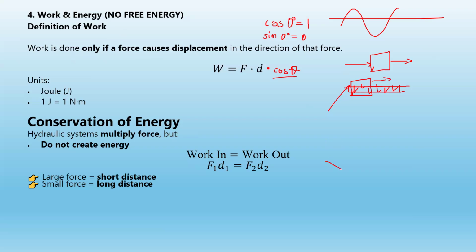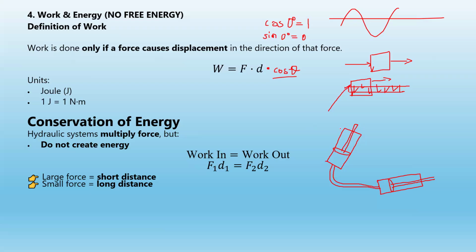There is one cylinder with a piston that's connected to a rod, and we have another cylinder that has a piston that is connected to a rod, and they are connected through some sort of a hose. So we have a closed system.